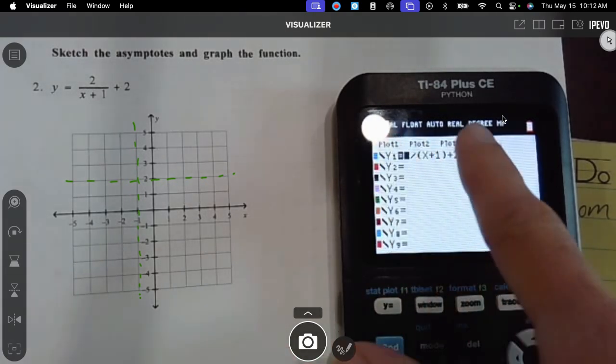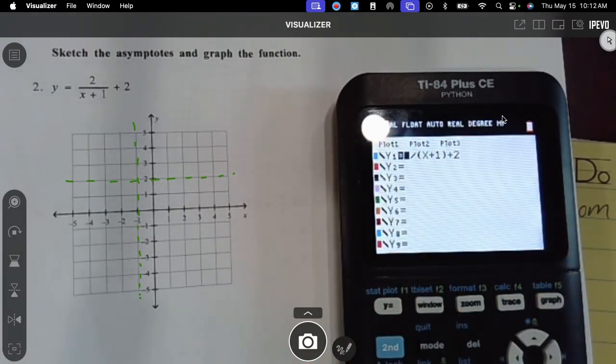No, because if you do 2 divided by x plus 1, that says 2 divided by x, and then you add 1. This right here means you divide 2 by all of that. And then plus 2. So you can't do it like that. Or you can use a fraction bar if you have a fraction bar.